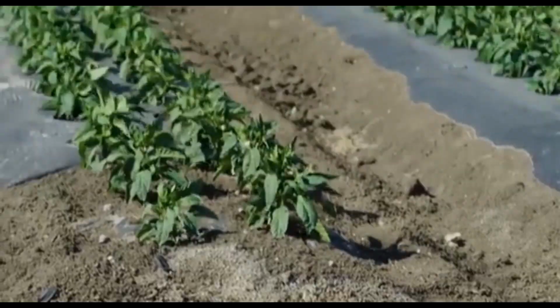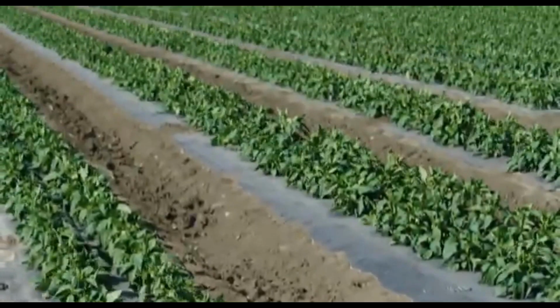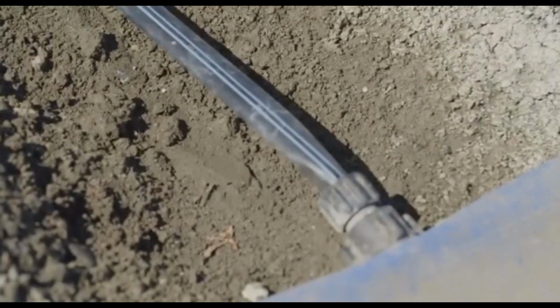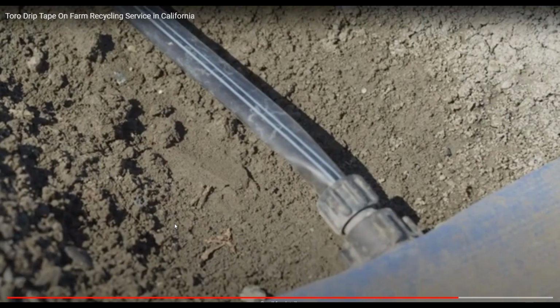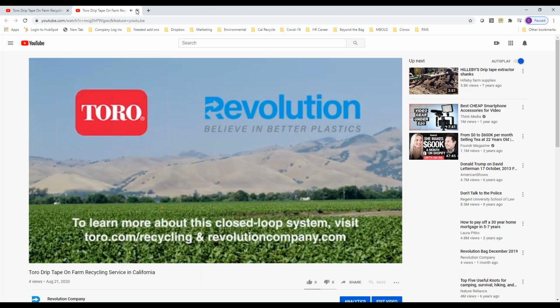Second, it allows us to close the loop on the whole product life cycle so that we can reduce its environmental impact. This program is sustainable and it's environmentally responsible. We're going to divert millions of pounds of plastic going to the landfill through this program. At Revolution, we believe in better plastics, and we're very excited to be exclusive.